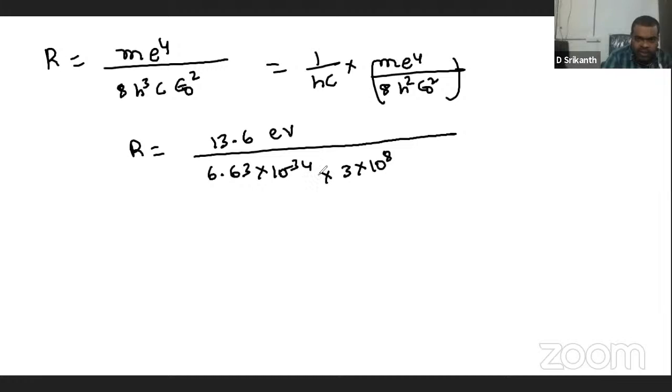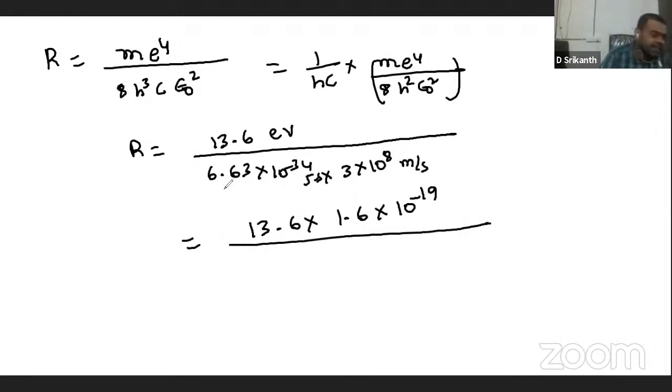This is in joule second, and this is in meter per second. Denominator is in SI unit, so convert the numerator into SI unit. That is 13.6 into 1.6 into 10 power minus 19. Denominator is 6.63 into 3, that is approximately 19.89 into 10 power minus 26. So calculate this value.